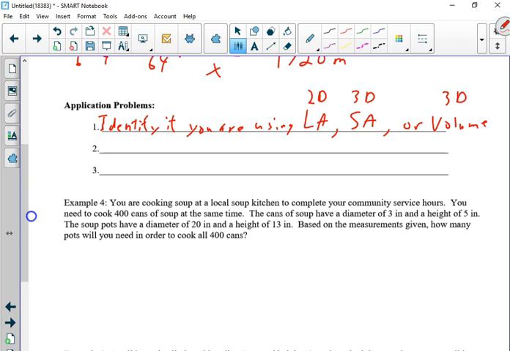But remember, surface area is still square units because the key word is area. All right?